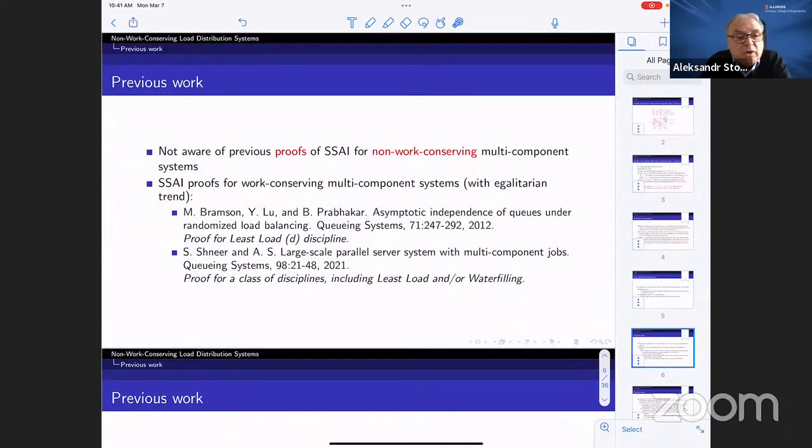Previous work. To tell the truth, I'm not aware of previous work on proving Anzacs for non-work conserving multi-component systems. There are some proofs of ansatz for work-conserving multi-component systems with egalitarian trend. One of these papers is by Bramson and others, where they prove ansatz for the least load D discipline.